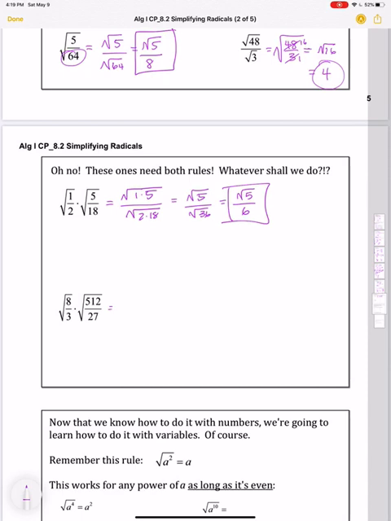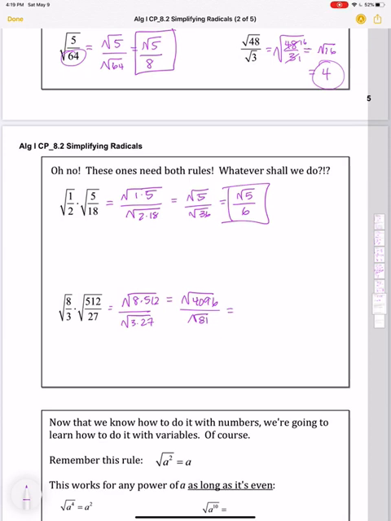What is the square root of that number? So we do 8 times 512, and that is the square root of 4096 over 3 times 27 is 81. The square root of 3 times 27 is the square root of 81.